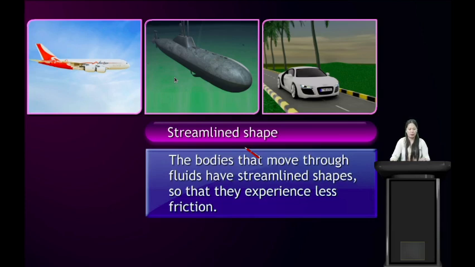When an object is moving through water, there is a frictional force exerted on it, so it will be difficult for it to move forward. But they are given this special shape known as the streamline shape, so they experience less friction and can move forward. So this is about fluid friction.